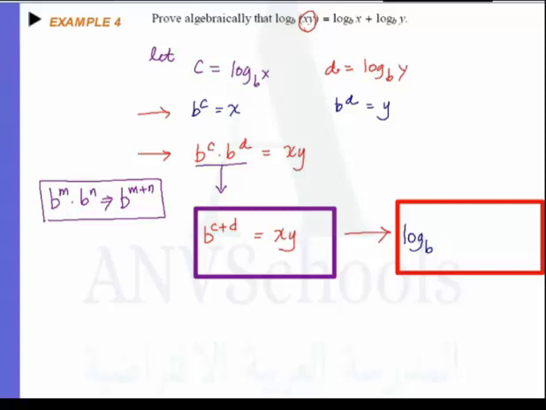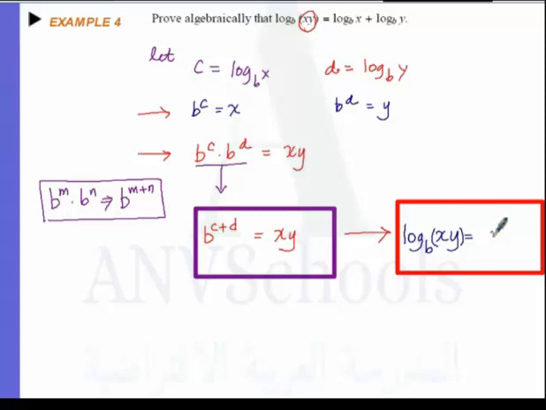So log to the base b of our argument xy is just equal to the exponent c plus d.